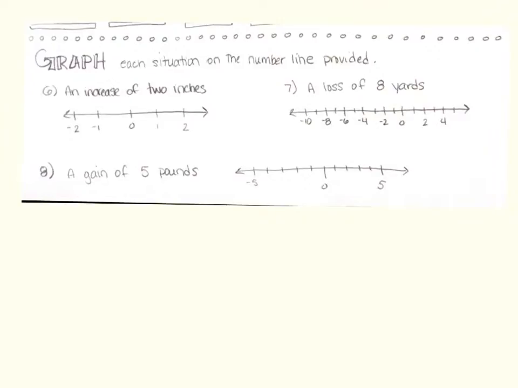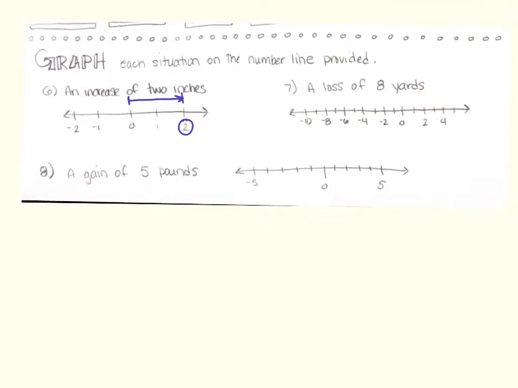Well, we're going to start at 0. An increase means to go up or add. So there we're going to move to the right 2 inches. And 2 is our answer.